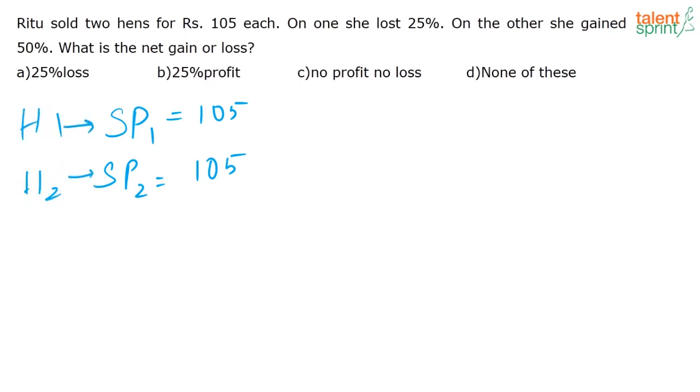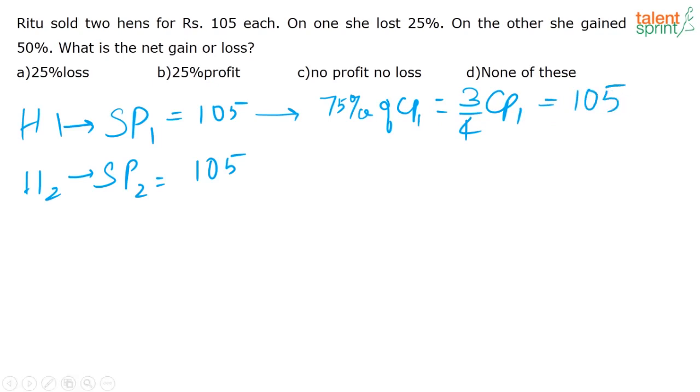Hen 1, she is losing 25%, means she is selling this hen for 75% of the cost price. If the cost price of this hen is CP1, she is selling it for 3/4 of its value. So 3/4 CP1 is equal to 105.